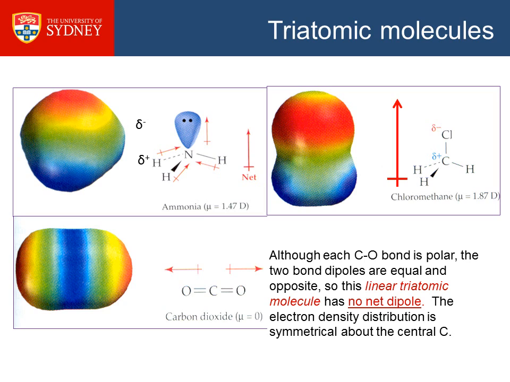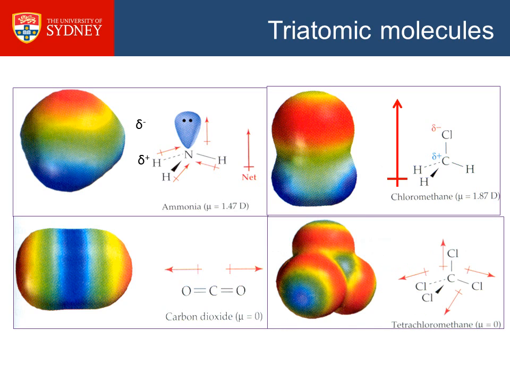The electron density distribution is symmetrical around the central carbon. Similarly, for tetrachloromethane, the dipole moment is zero because all the four dipoles of the C-Cl bonds are symmetrically arranged in a tetrahedral geometry.